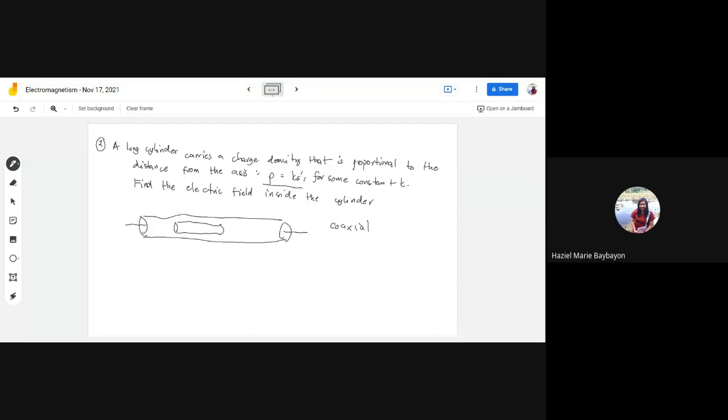Okay. So if this is along the z-axis, then your Gaussian surface should be centered along the z-axis.